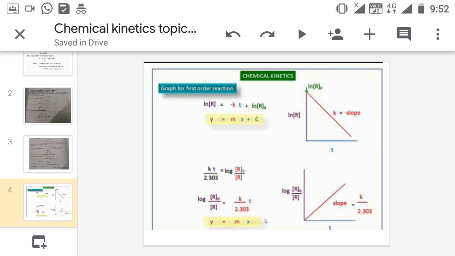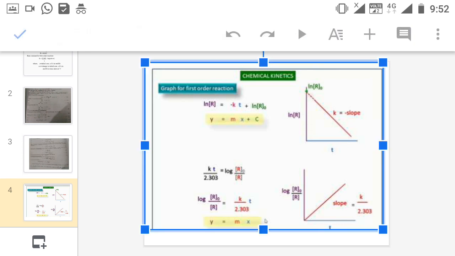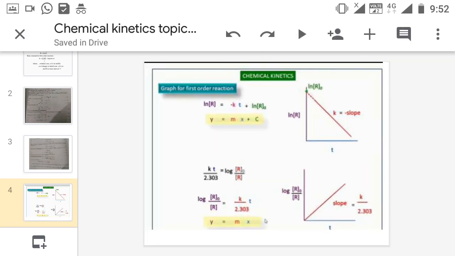So here there is no c in this equation. So we can plot the graph like this, log R0 by R. In this equation, the term y is equal to log R0 by R. The x term is the t.